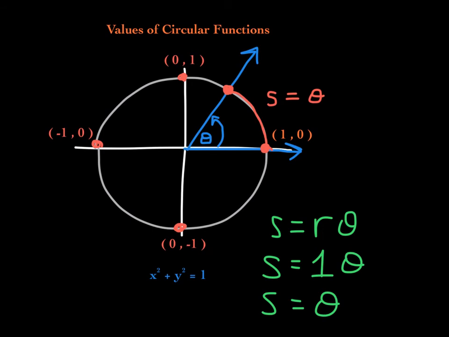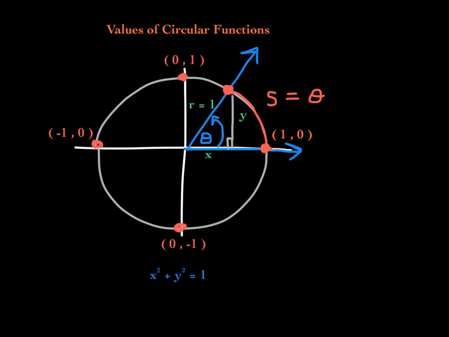Now what I want us to do is something that we have done in the past, and that is to draw the perpendicular from this point where the terminal side of angle theta intercepts the unit circle down to the x-axis. When you drop the perpendicular down to the x-axis, this vertical distance here is y.